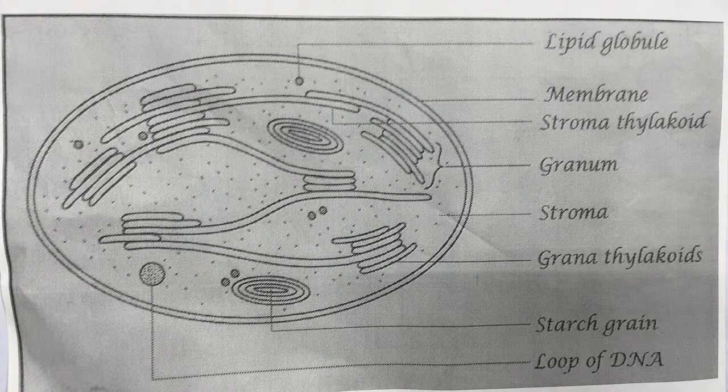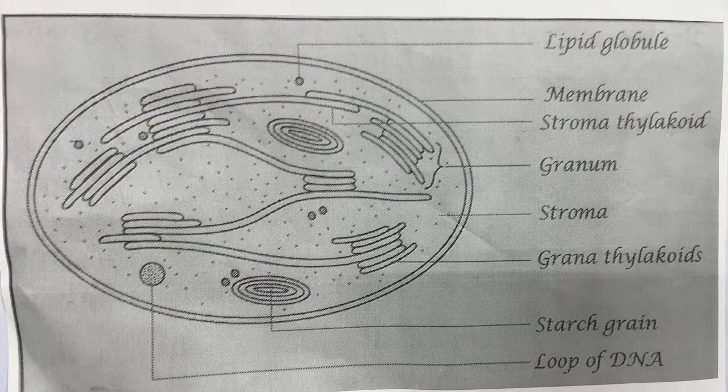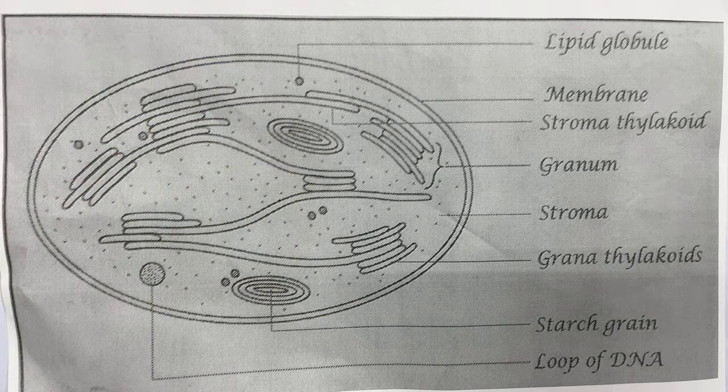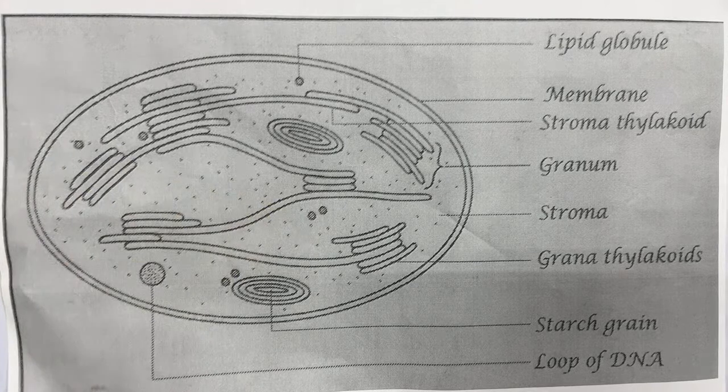Now in the chloroplast, three raw materials act. First, sunlight falls on the chloroplast. Second, from the atmosphere, 0.03% carbon dioxide acts on this chloroplast. Third, water comes from the roots of the plant.